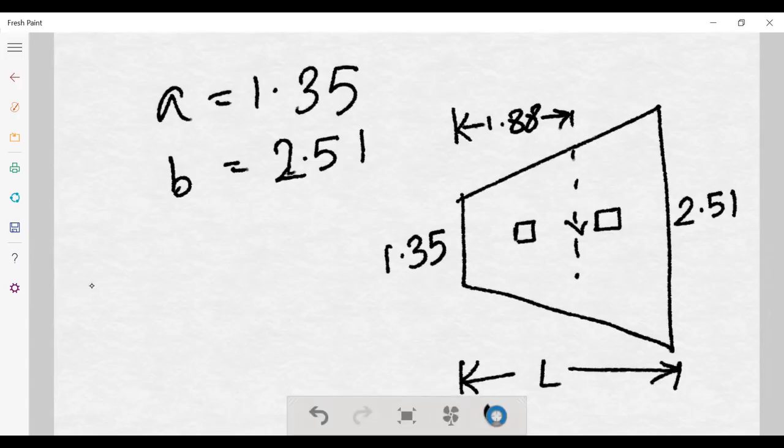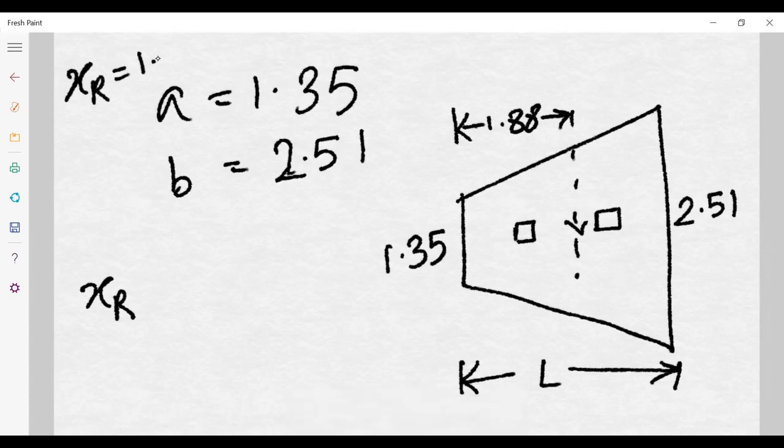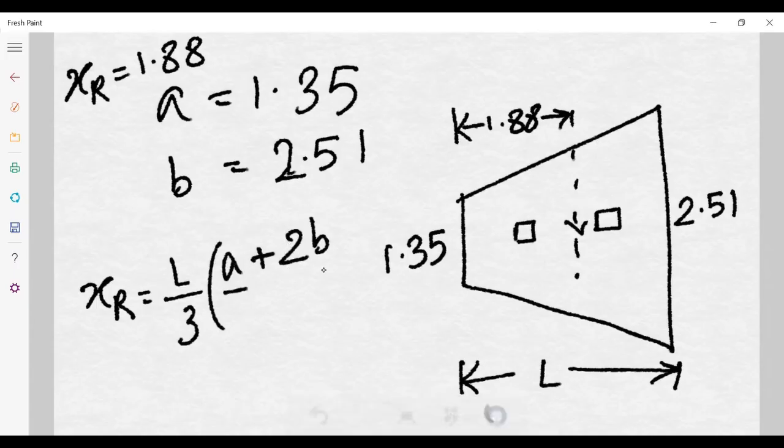Now, this resultant XR, we know XR is 1.88. The CZ formula is equal to L by 3 times (A plus twice B) by (A plus B).